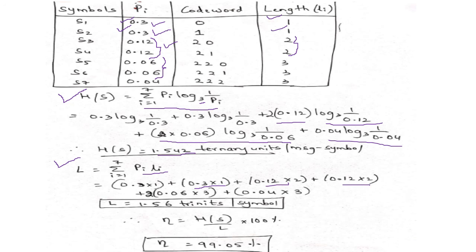For 0.06, the corresponding lengths are 3, and 0.06 is occurring 2 times, 2 into 0.06 into 3. Last one 0.04, length is 3. Once we simplify, we'll get 1.56 as the average code word length. Substitute entropy and average code word length, and the efficiency will be 99.05%. Thank you.